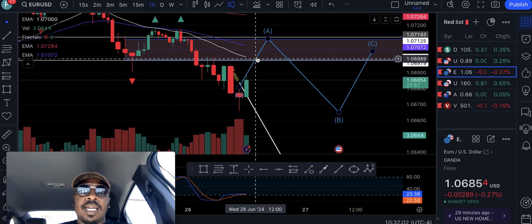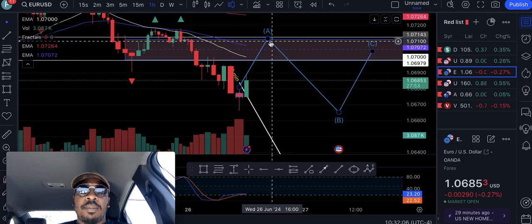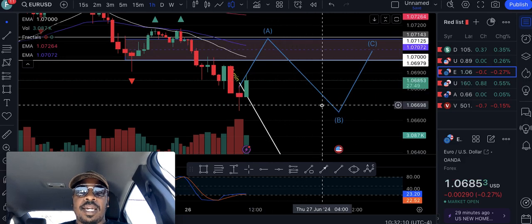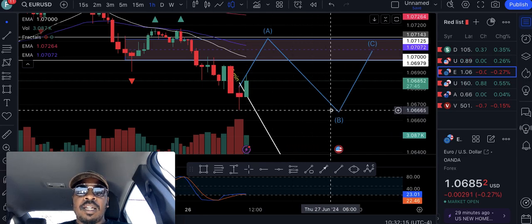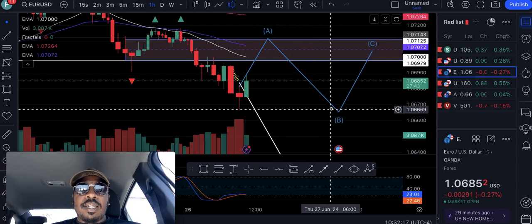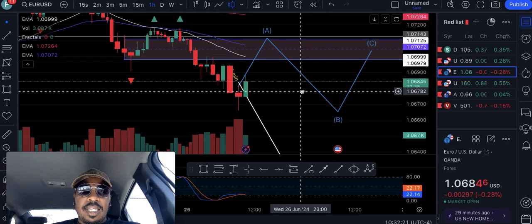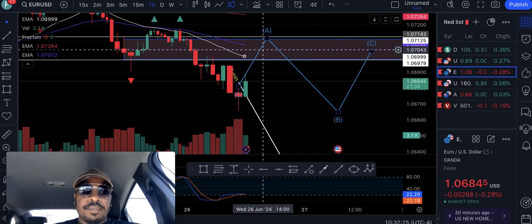Once I get somewhere up in this zone, I'll be looking for my sales. If it get up here today, I'm gonna take it back to around just below this low right here, and then I'm gonna get out right there. So that's one setup I'm looking for on the Euro USD. Hopefully I can get to that level today.